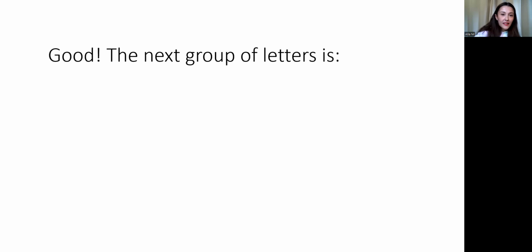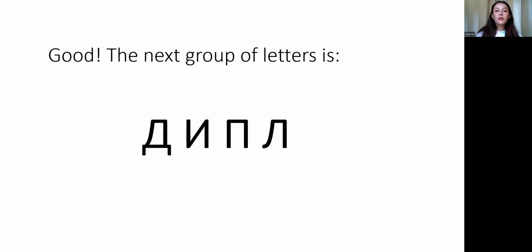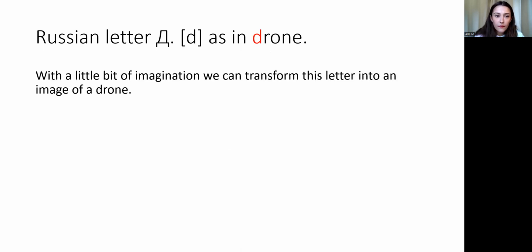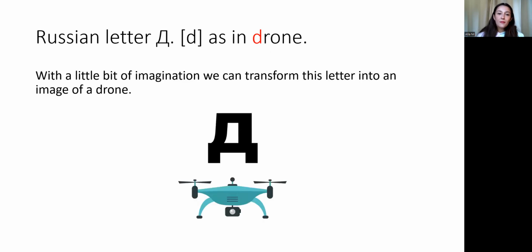Good. The next group of letters is D, E, P, L. Russian letter D. D as in drone. With a little bit of imagination, we can transform this letter into an image of a drone. That's the picture that I have for you. I hope it helps.